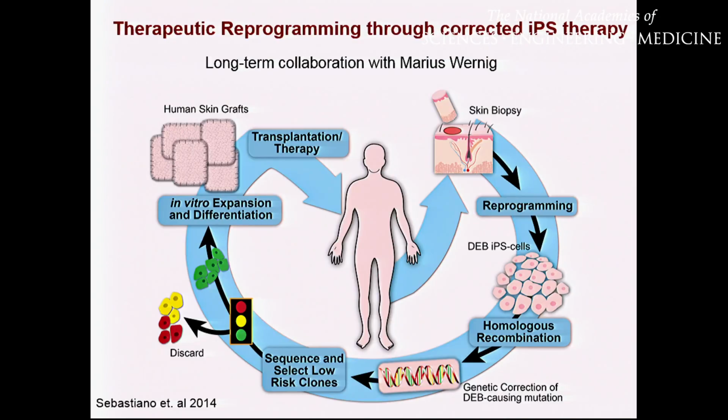And now you have an iPS cell for the patient, which is corrected, and then you can use downstream differentiation techniques, which Lawrence talked about, to make any tissue in the body that's defective, in this case, human skin. We actually then use the sequencing technique to clone out some of the cells that have bad mutations, which I'll talk about in a second. But this therapeutic reprogramming technique, because you can scale the iPS cells, is actually a very nice way to make a cell bank for the downstream production.